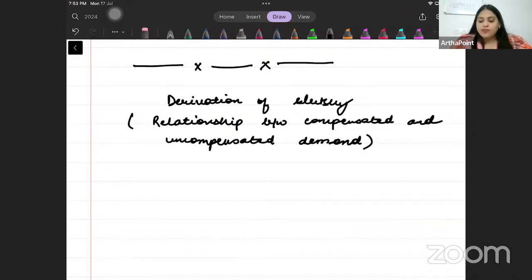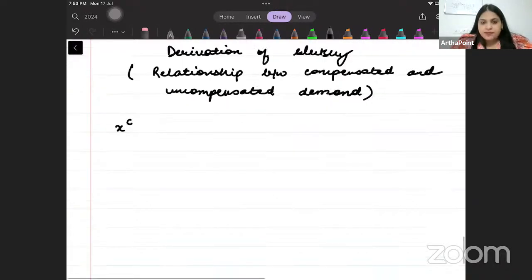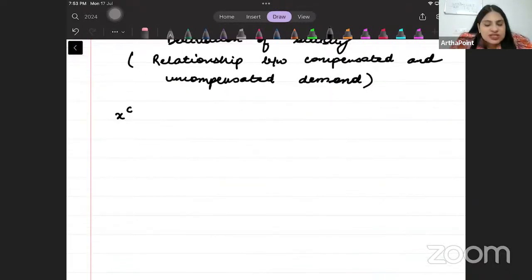We'll go slow. If you remember, when I said that this is a compensated demand, a compensated demand curve is one that holds utility constant. So when we write this, it's a function of prices and utility.